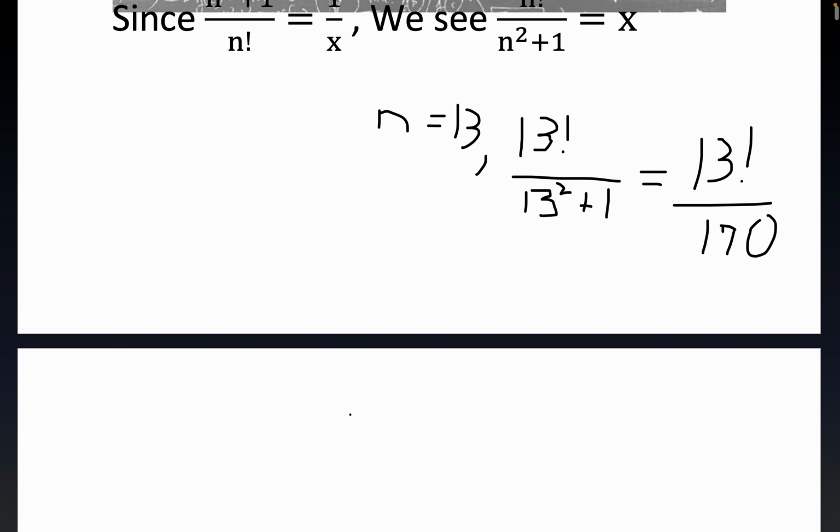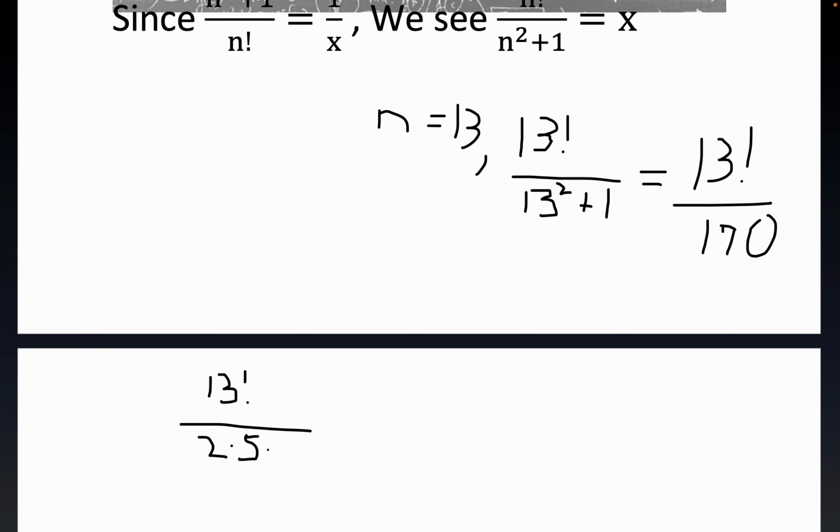We're going to need some space here. So you're going to have 13 factorial over 170. I'll just do this. Let's see. That would be 2 times 5 times 17, right?